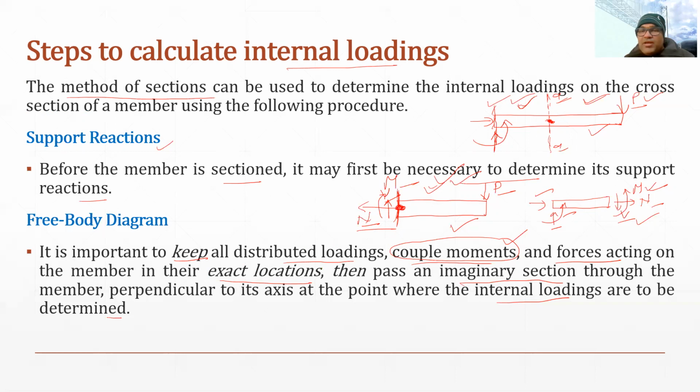Because if we take moment at this point, then the unknown forces N and V will have zero magnitude, because both of these forces pass through this point. Therefore, moment can be calculated. In the equation, moment will be the only unknown parameter. N and V will be 0 in that equation. All of this I will explain when we take an example.